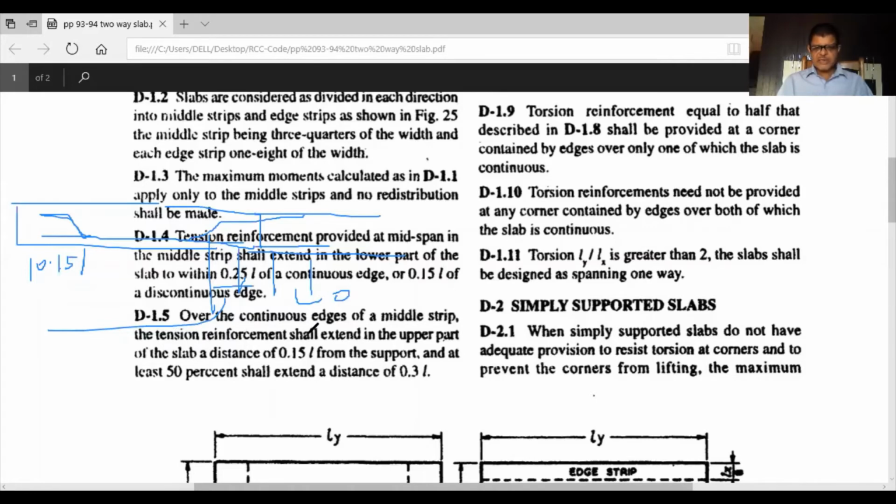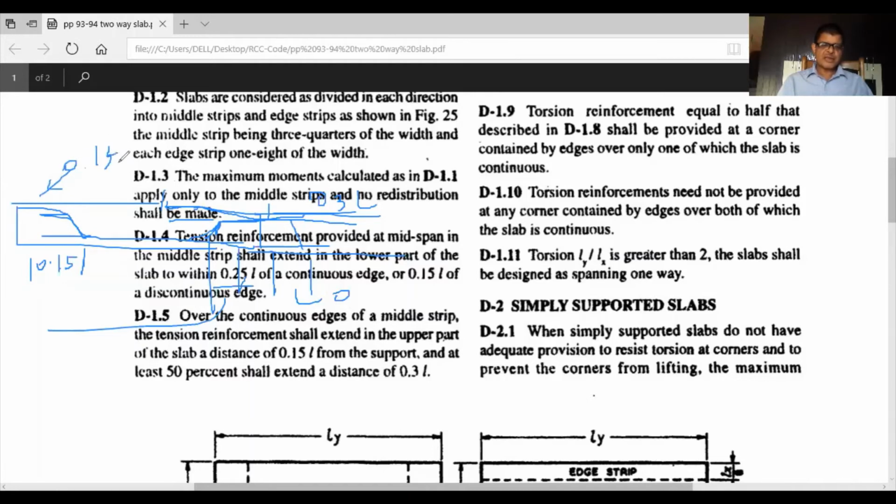Next, over the continuous edges of a middle strip, the tension reinforcement shall extend in the upper part of the slab a distance 0.15 L from the support, and at least 50% shall extend to a distance 0.3 L. Whatever steel you bend here will extend up to 0.3 L from this side, and also from the other side the steel will extend 0.3 L, and these steels will go up to 0.15 L on the top side.